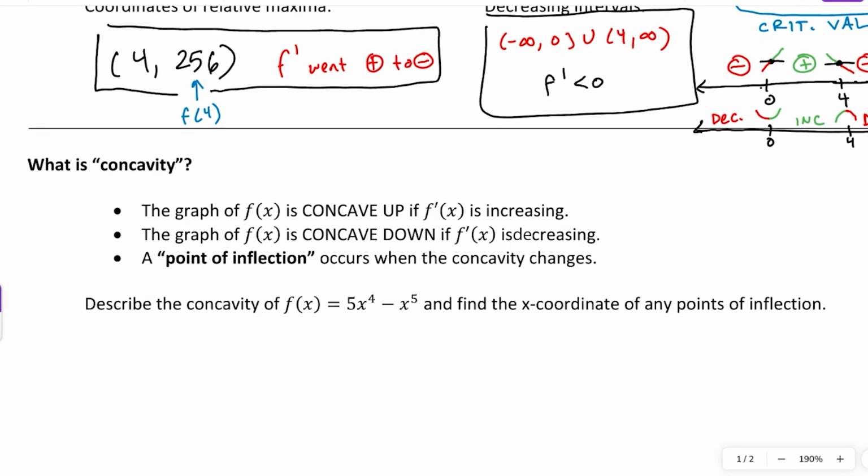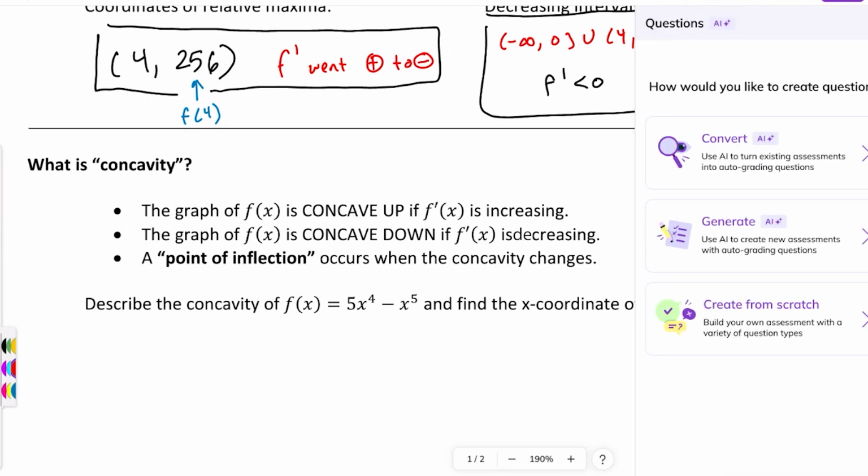Okay, the graph of a function is concave up if, not f, but f prime is increasing. If f prime is increasing, what does that tell you about f double prime?